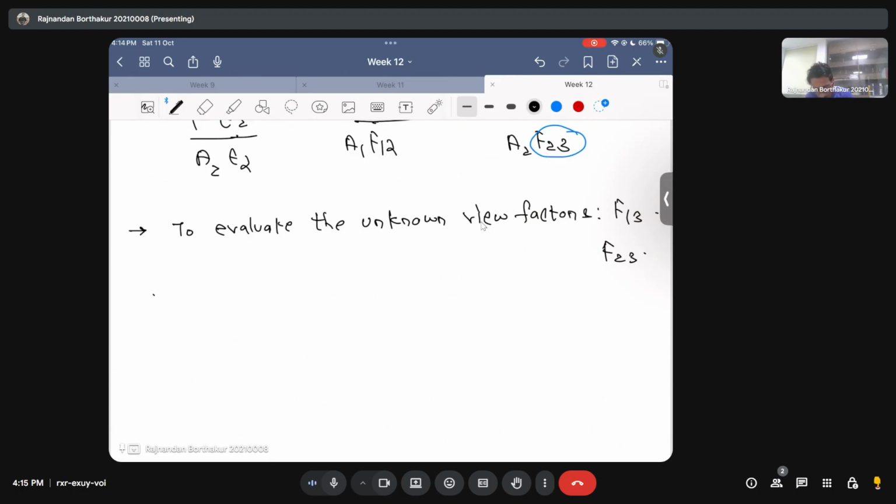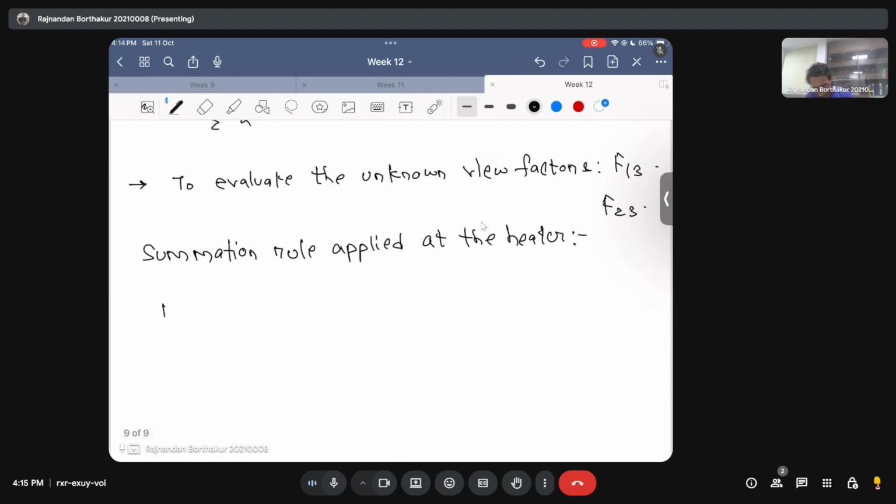Let's apply the summation rule at the heater, because at least we know the view factor F12 precisely. If I apply the summation law, it becomes F11 plus F12 plus F13 equal to 1.